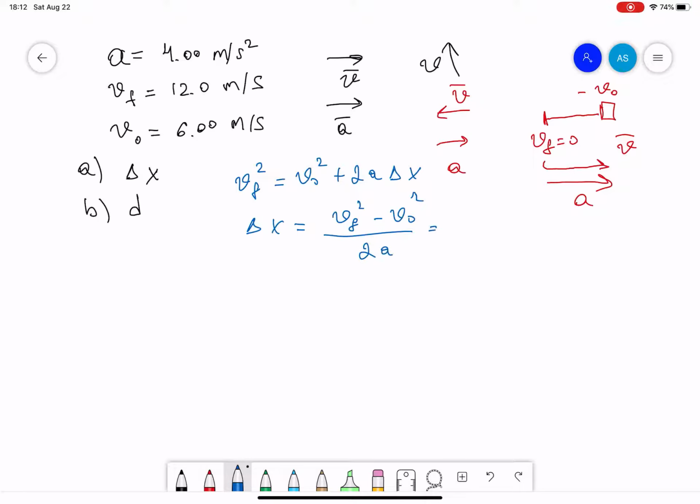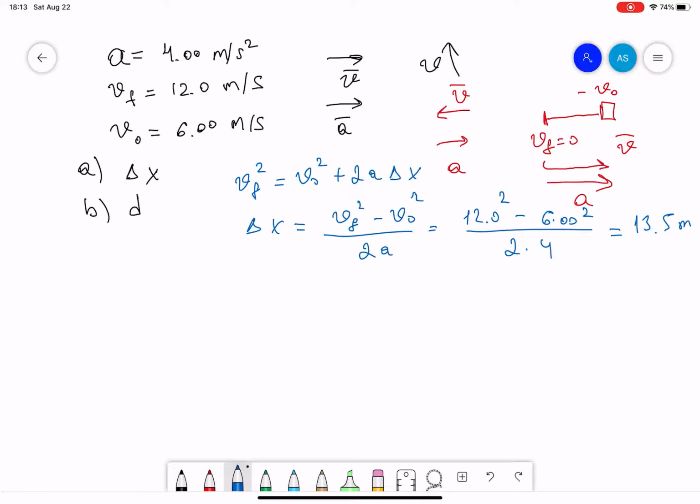If you plug in the numbers, v final is 12 squared minus 6 squared, divided by 2 times 4. If you do the calculation, you will find that the displacement is equal to 13.5 meters.